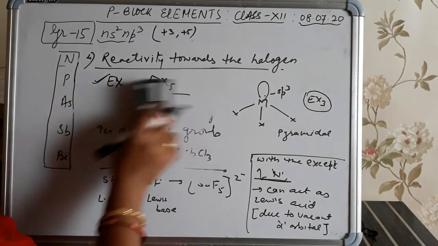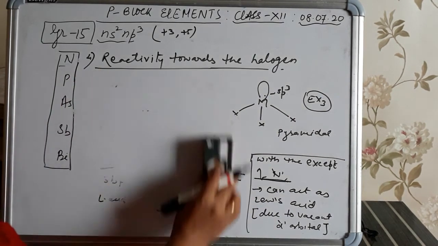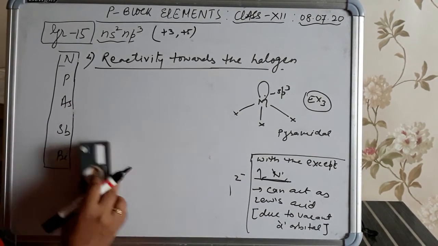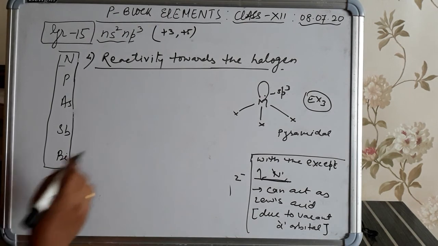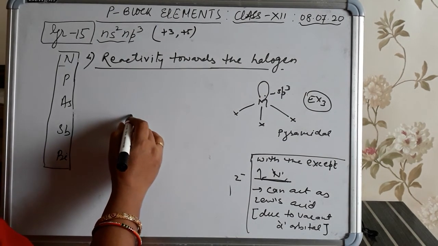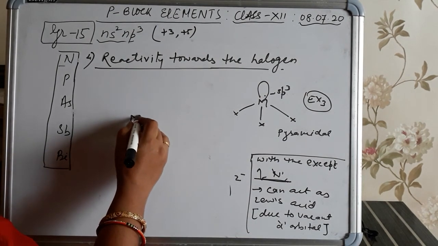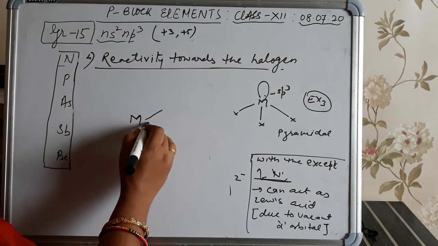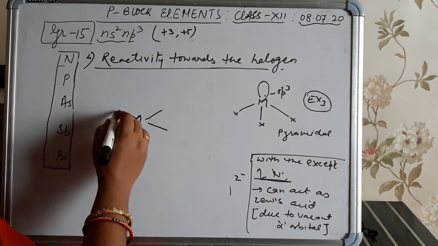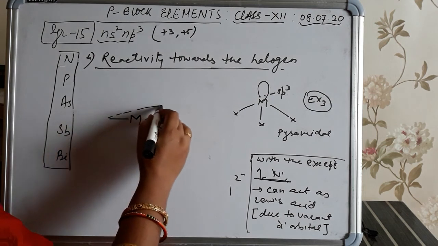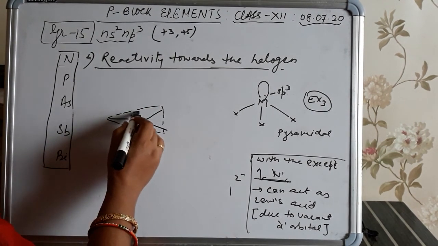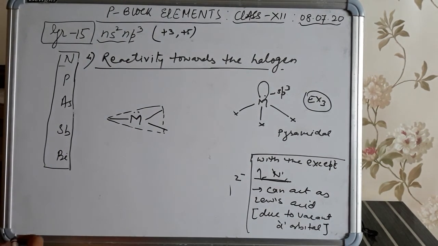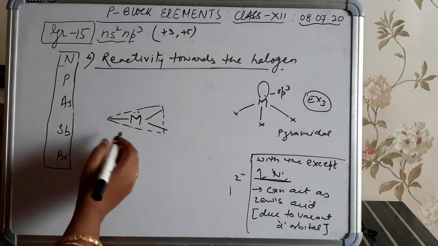So the structure of this trihalide MX3 has a lone pair present, and the hybridization is sp3.